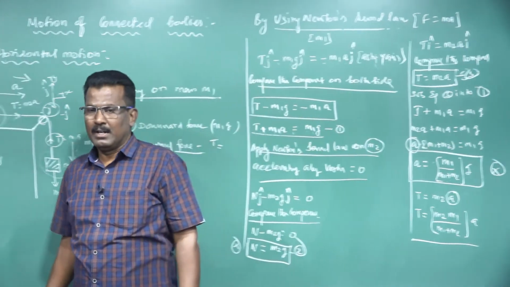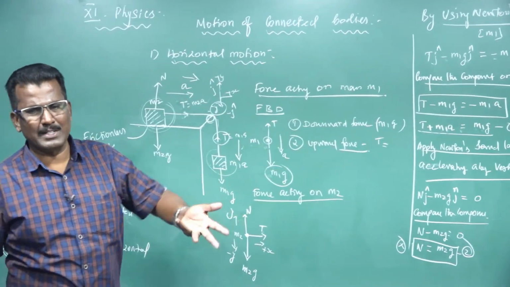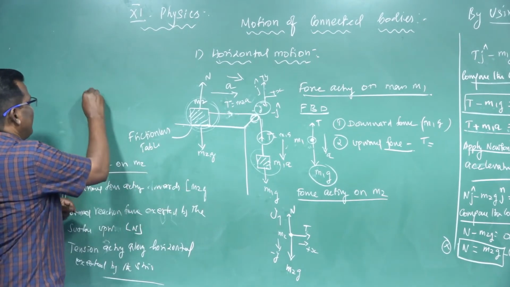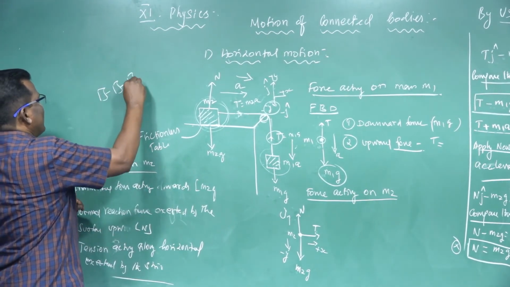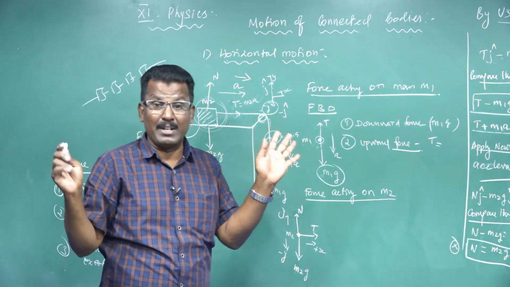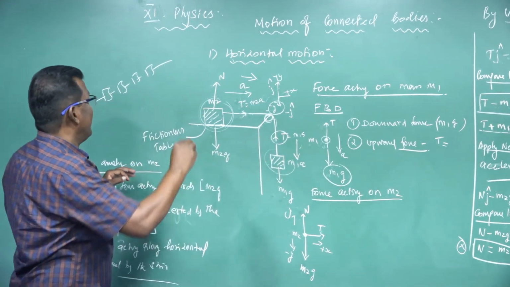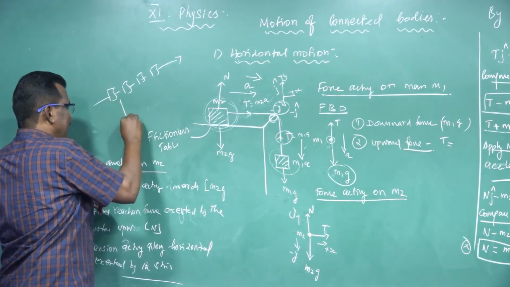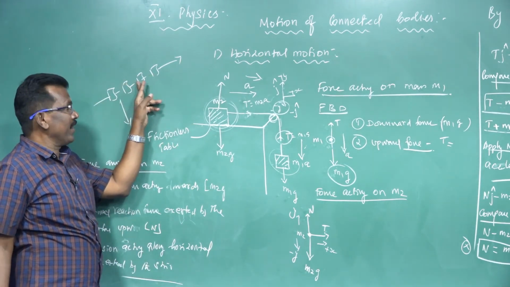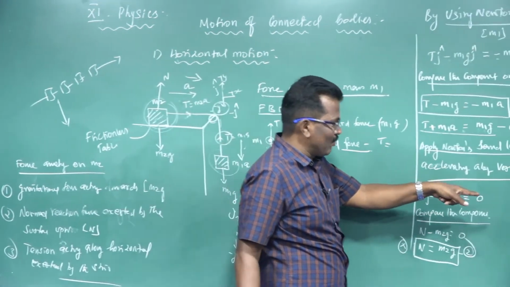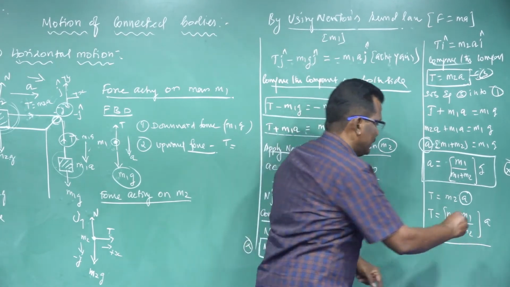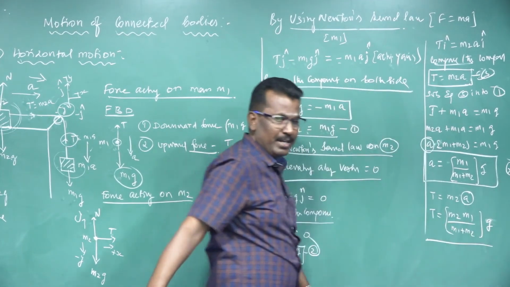When any number of bodies, two, three, five, multiple bodies, are connected by means of a string, body number 1, 2, 3, 4, whatever the number, if a force is applied either horizontally, vertically or inclined, the tension produced in the string is calculated by the formula T is equal to m1 m2 divided by m1 plus m2 into g, not a, that is g.